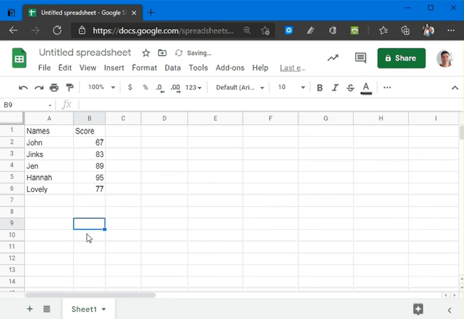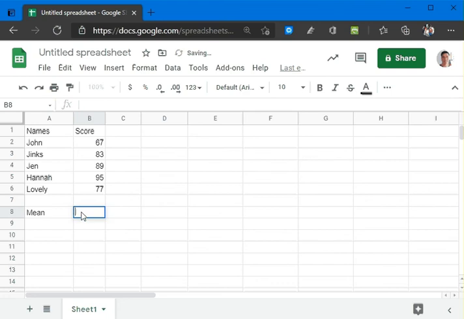Okay, so to get the standard deviation, the formula is STDEV. Of course, before we do that, we have to know first the mean of these scores. So mean is actually the average.